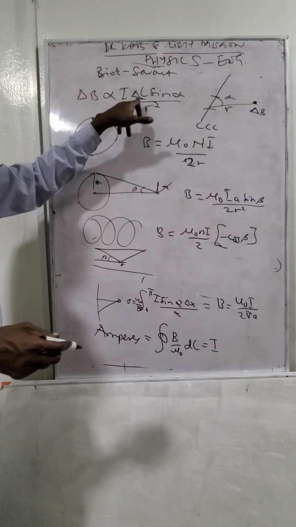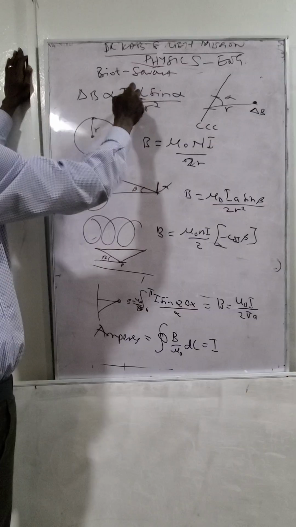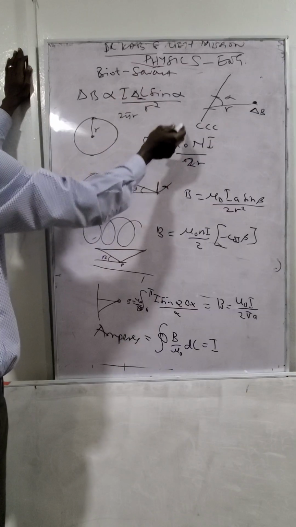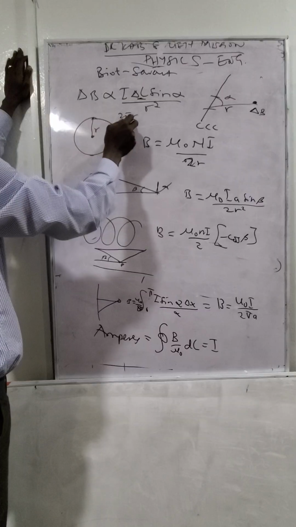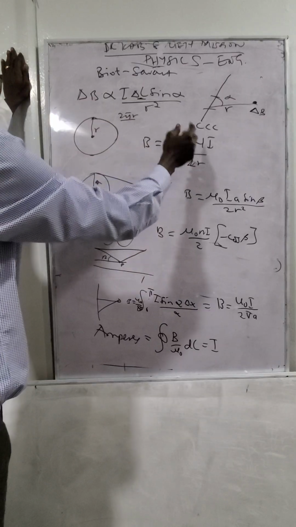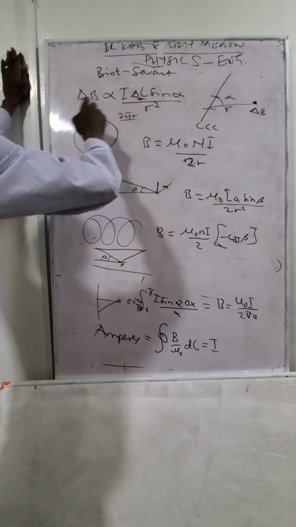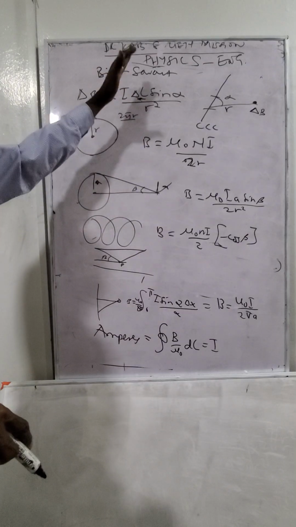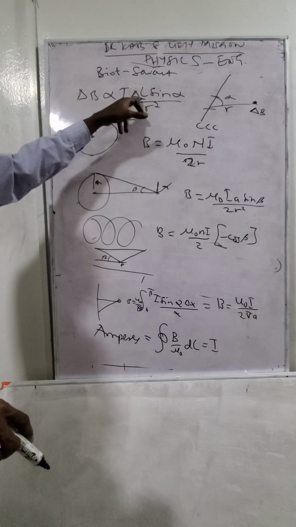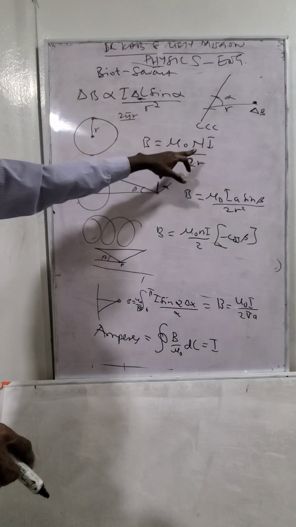As you sum, what you're trying to do is find an equation relating this with B, and then you sum from 0 to 2 pi r. You put that in the equation in place of L here. So you get your L as a variable. You integrate with respect to your L here, and that is going to give you the equation.